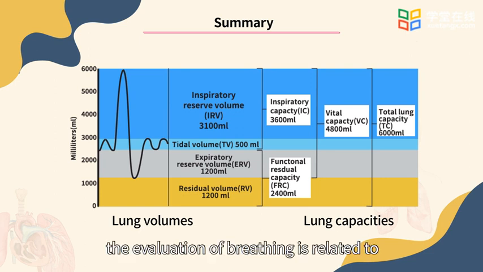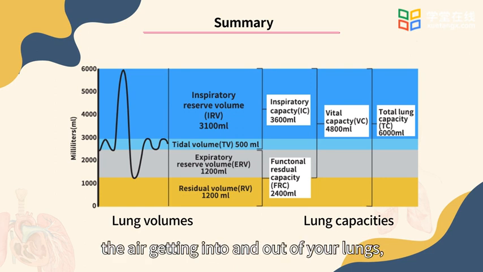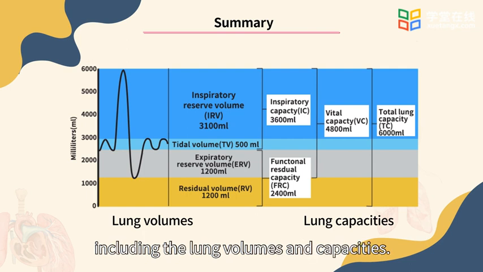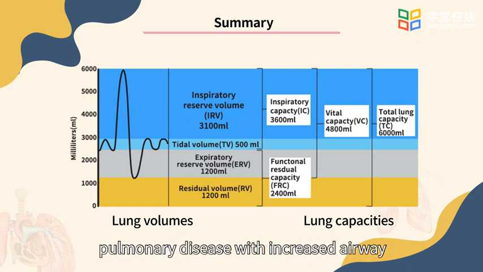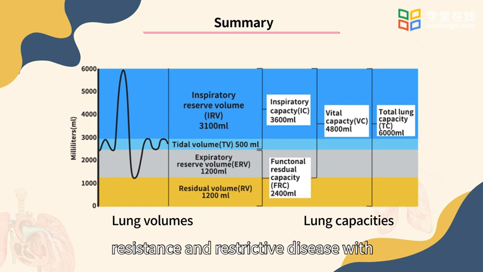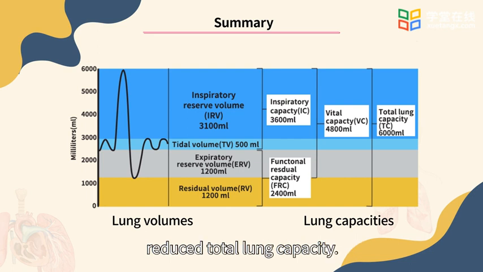In summary, the evaluation of breathing is related to the air getting into and out of your lungs, including the lung volumes and capacities. This helps to distinguish obstructive pulmonary disease with increased airway resistance and restrictive disease with reduced total lung capacity.